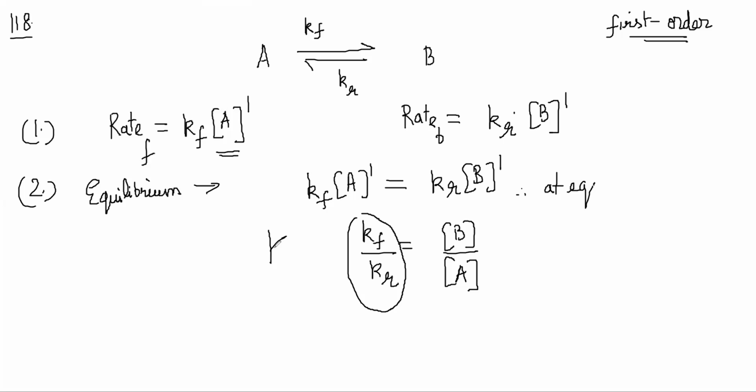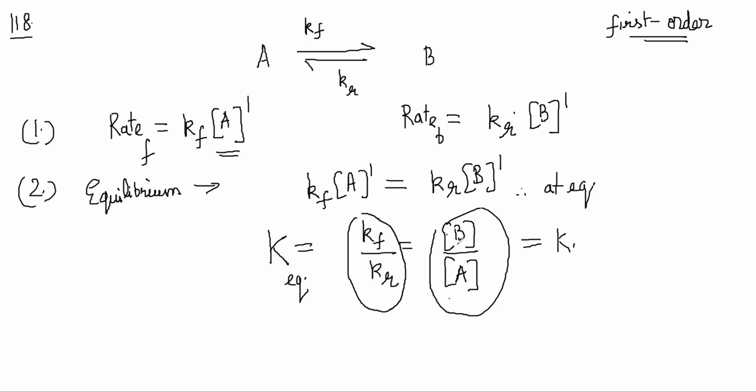This constant is called capital K, which is the equilibrium constant. So for this reaction, you will say that B by A at equilibrium will be equal to a constant, right? Now, B by A is constant, so the ratio of B and A doesn't change, right? So if you increase B, A will also change, it will decrease, so that K remains the same at equilibrium.